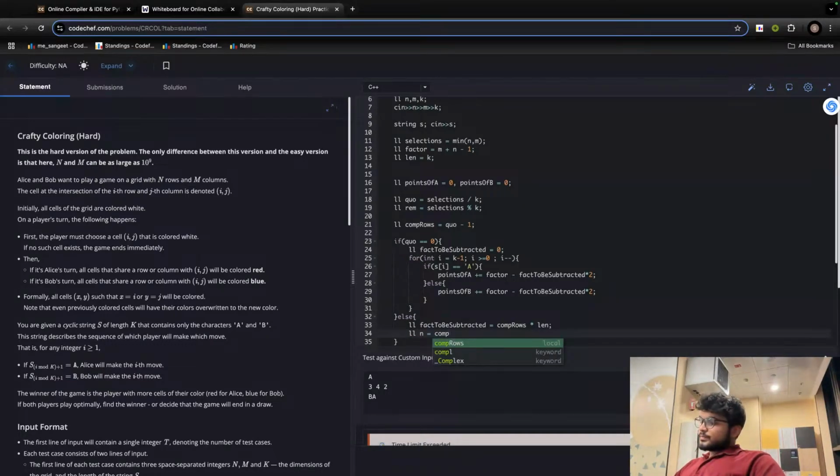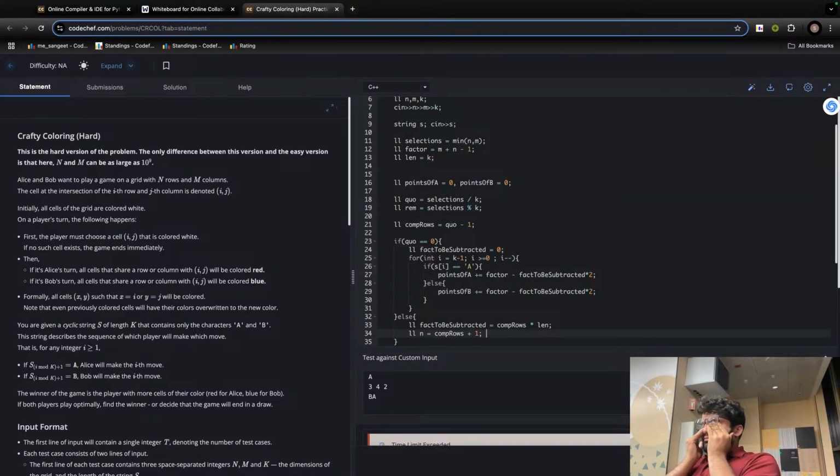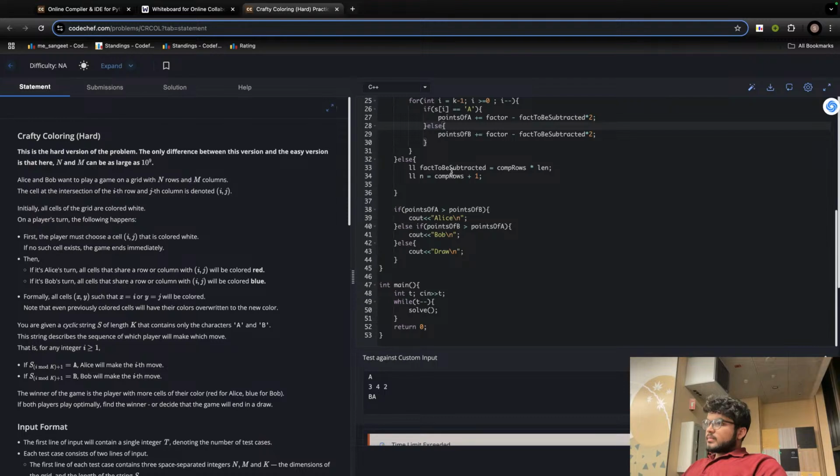Complete rows plus 1 will be there. This is the minimum that will be there.